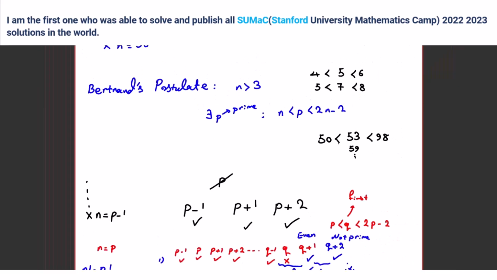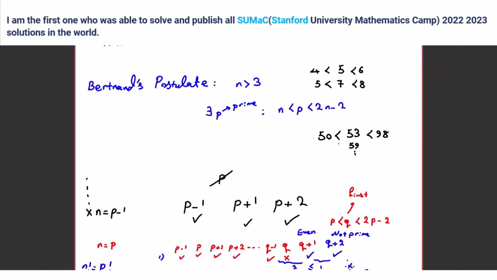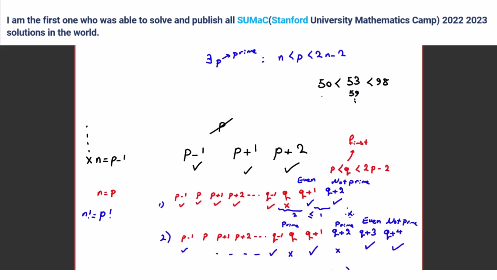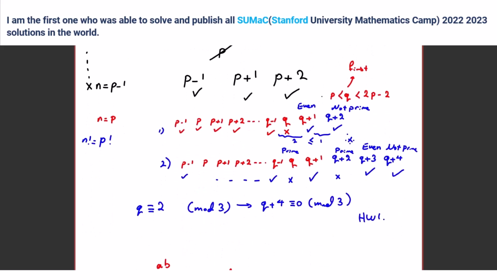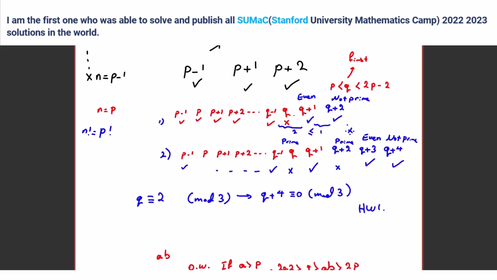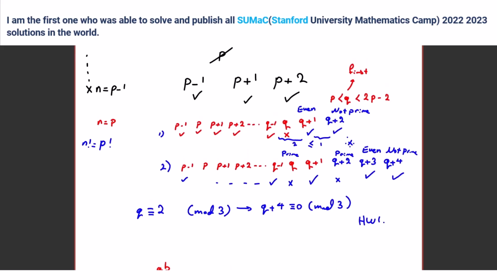Then we wanted to use Bertrand's postulate. So look, for n greater than 3, between n and 2n minus 2, we have a prime. And so okay, let's consider the first prime that is not a divisor. For p factorial, we wanted to check n factorial, p factorial.